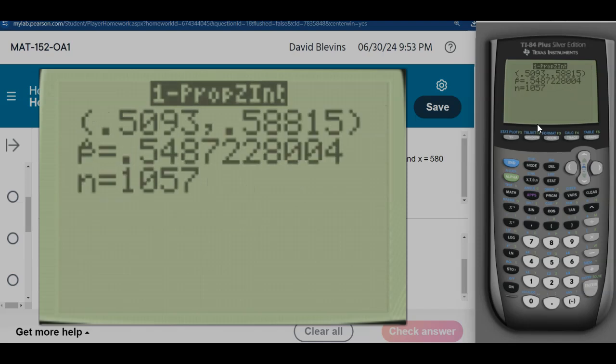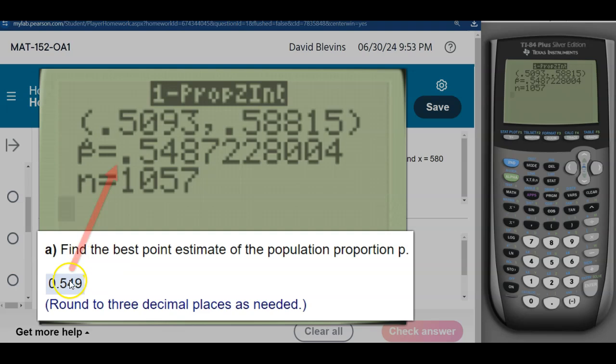Now, there are the two numbers that I get, and the margin of error is half this distance. You can think of it as the distance from the upper number to p hat, the number in the middle, or it can be p hat to the lower number, whichever one. Notice there's p hat also, the 0.549 that we got on the home screen.